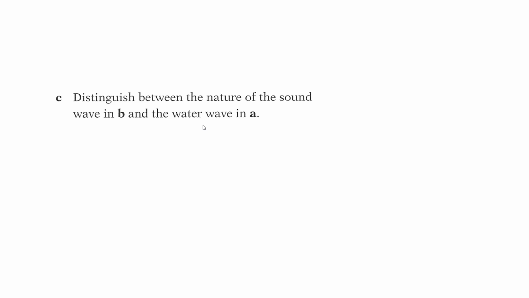Sound waves are longitudinal waves, and water waves are transverse waves. So if you want to distinguish between these two types of waves, you will say: sound waves are longitudinal and much faster than water waves.